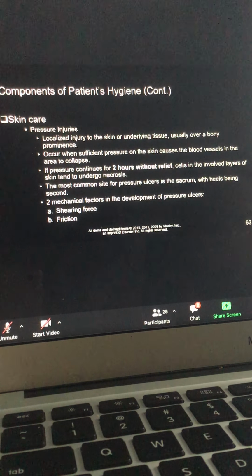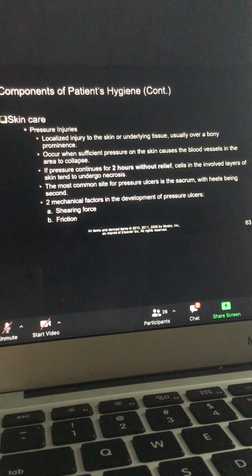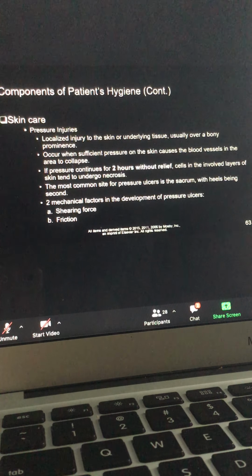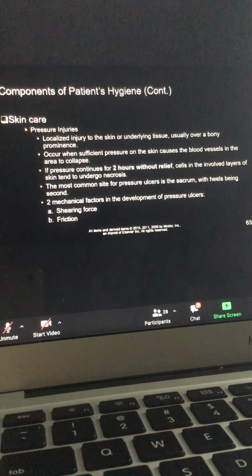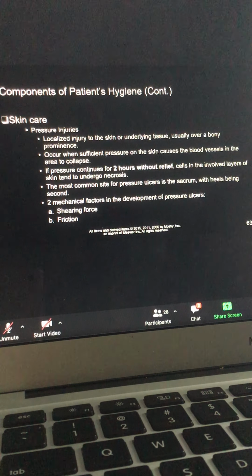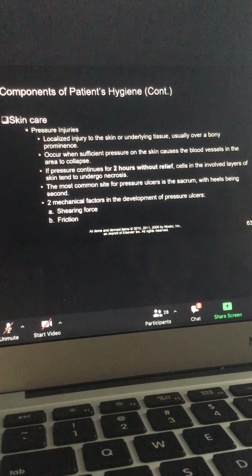Again, this is evidence based. They found that if pressure continues for 2 hours without relief, cells in the involved layers of the skin tend to undergo necrosis. Then this can be irreversible. When the cells become necrotic, now it's a big problem because we may not be able to reverse it.